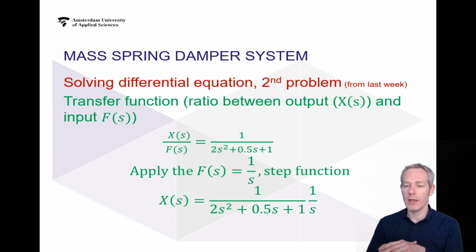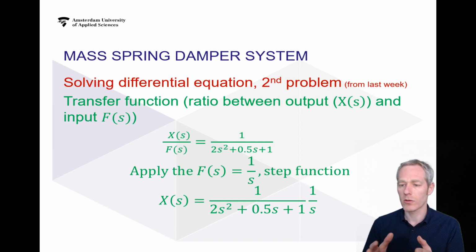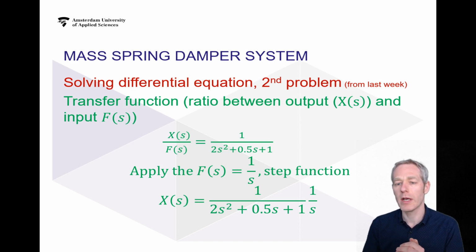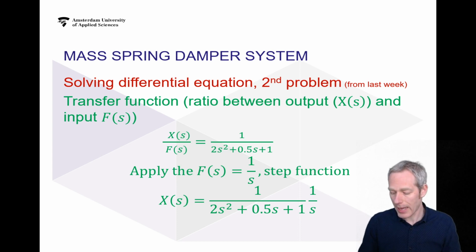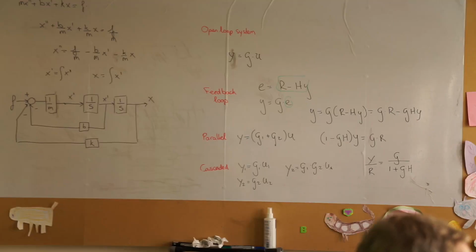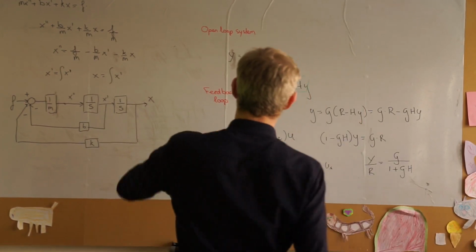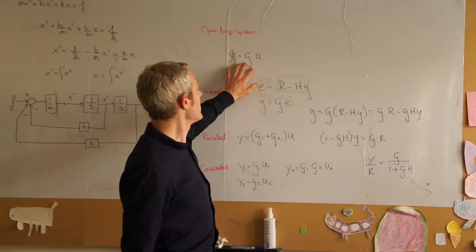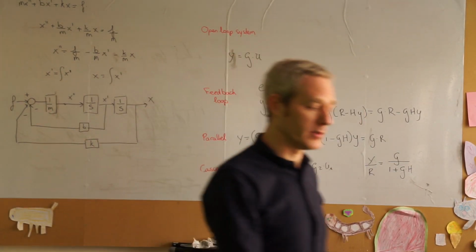So if we look at a second order system, just as any second order system where we have as a transfer function 1 over 2s squared plus 0.5 times s plus 1. And this just is the system where we have on the board our G, the relationship between the input and the output.